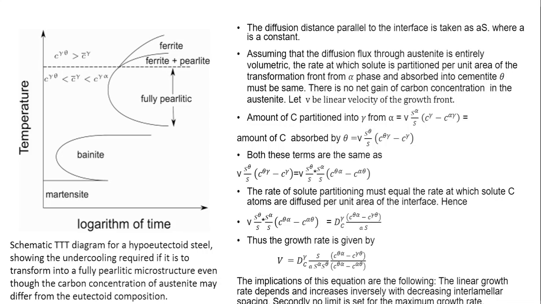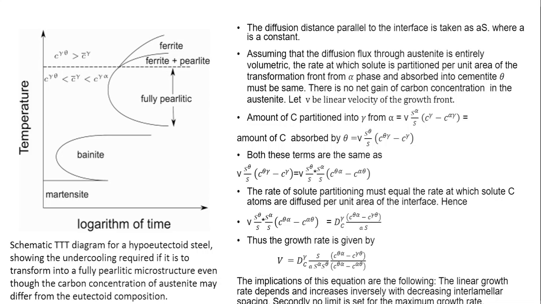The diffusion distance parallel to the interface is taken as AS, where A is a constant. Assuming that the diffusion flux through austenite is entirely volumetric, the rate at which solute is partitioned per unit area of the transformation front from the alpha phase and absorbed into the cementite theta phase must be the same.